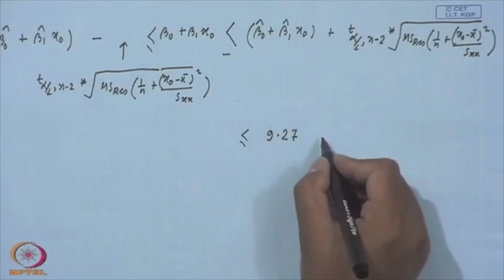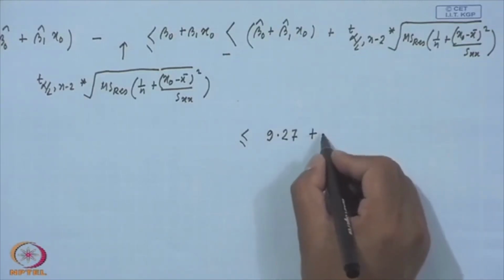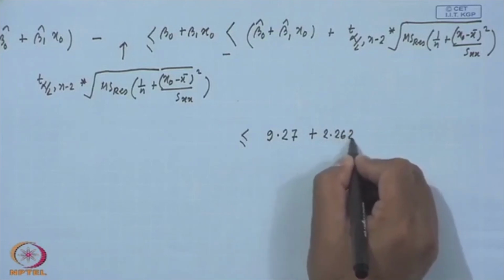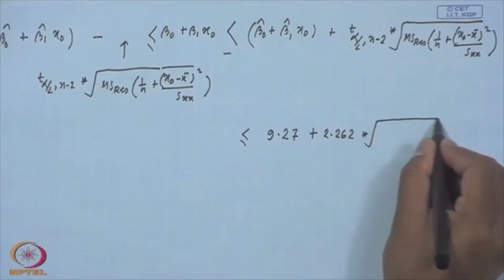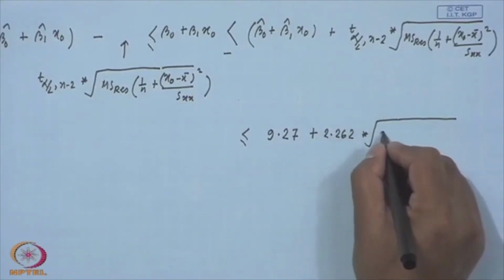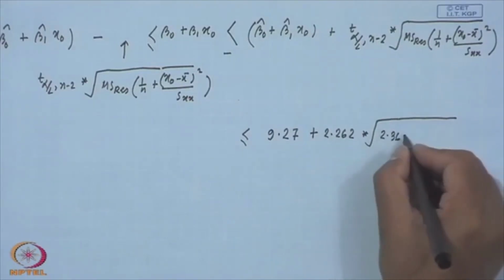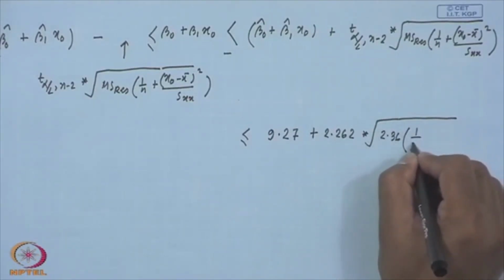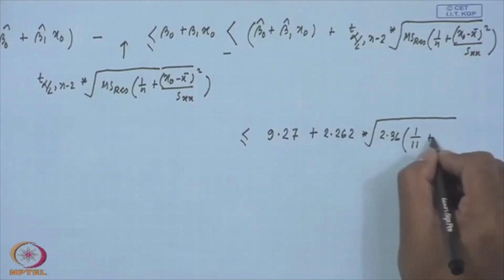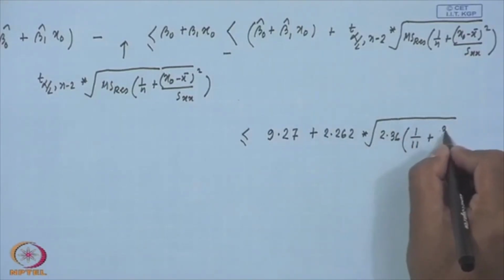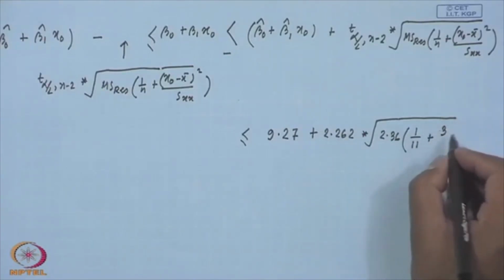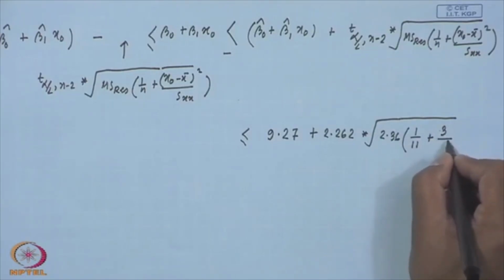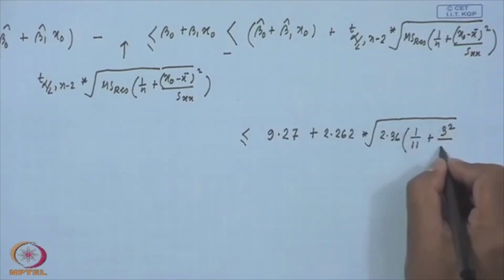So, alpha by 2 is 0.025. So, that is 2.262, and then the MS residual is 2.36 and n is 11, plus x naught is 3, and x bar is 0 here. So, 3 squared by S_xx, that is 110.